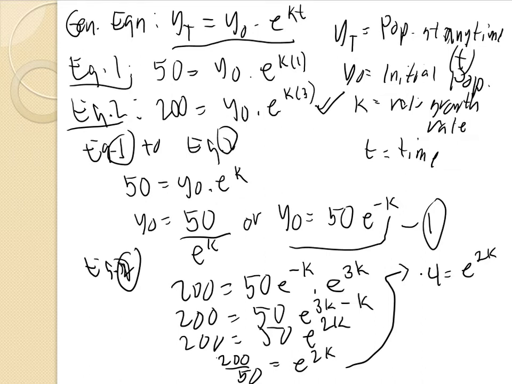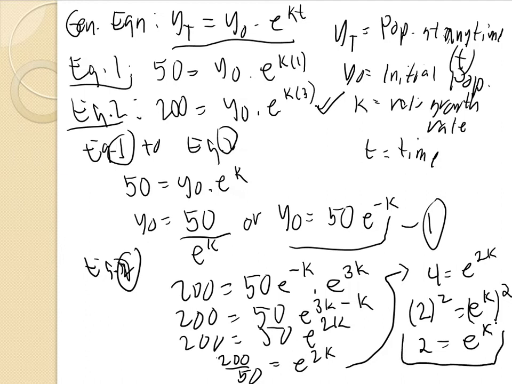So yung next move, yung 4, pwede natin isulat as 2 squared. And yung nasa kanan can be written as quantity e^k squared. By mathematical rule that we learned from the previous math, this can also be written as 2 equals e^k. So dito nakuha natin is e^k equals 2.